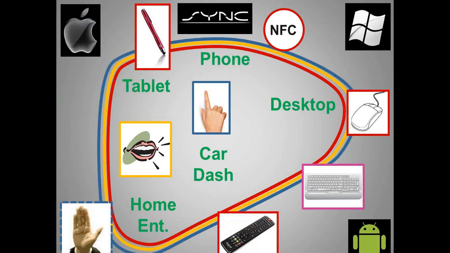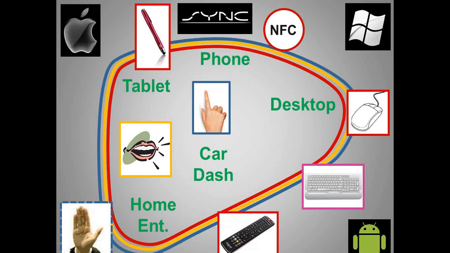Interaction types right now have exploded as well. Just in the last 5 years, we've gone from supporting the keyboard and the mouse to then touch, voice, hand gestures. We have emerging interaction types like near-field communications. The stylus is still with us, and in some cases being used more than it had been in the past.